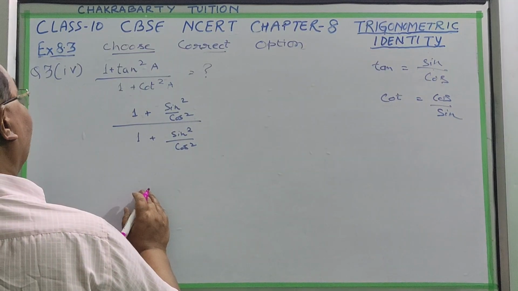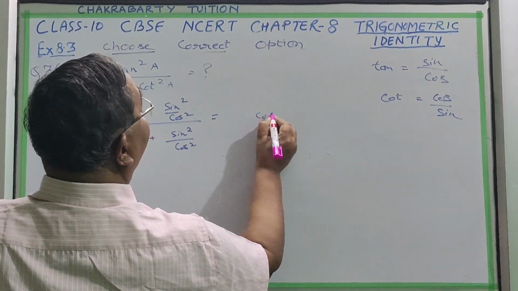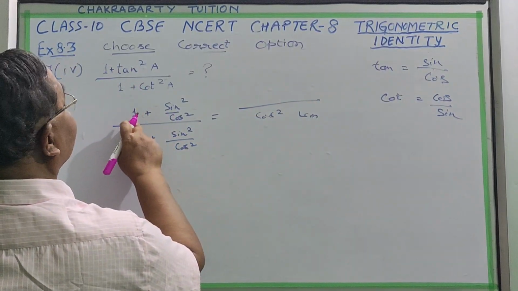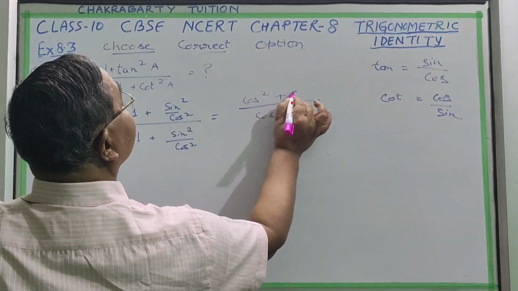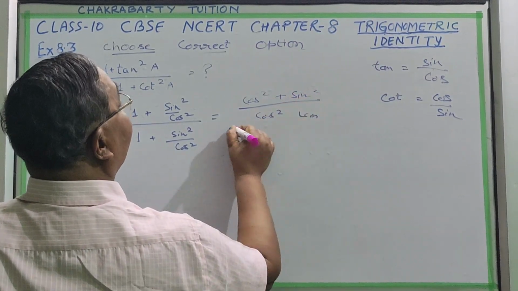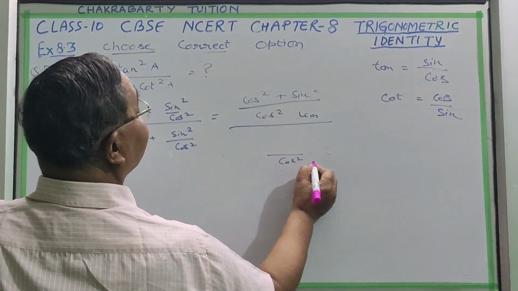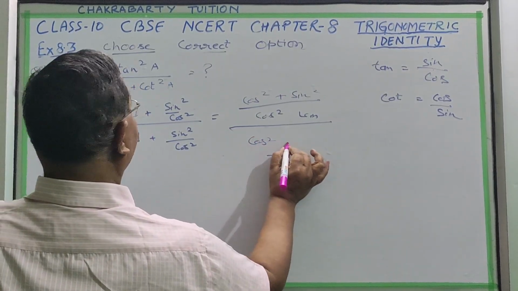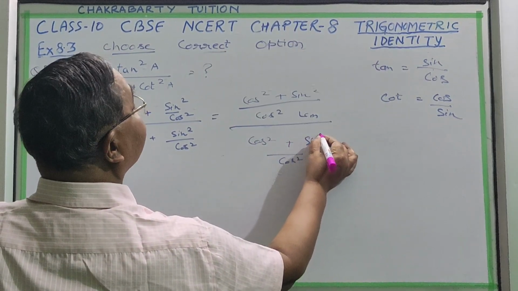Okay. Now you take the LCM cos square. Upper side here nothing is there, so it will become cos square plus sin square upon, here also you take cos square as LCM, so this will become cos square plus sin square. Okay.